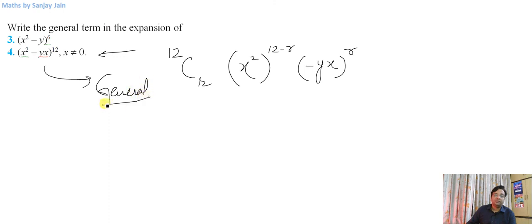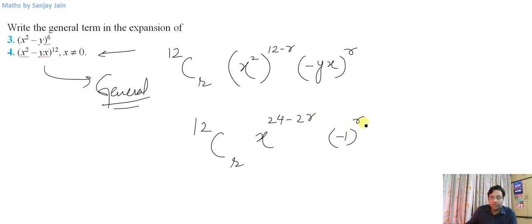Now let us write it in a little more simplified form. Let us at least separate x and y. So 12Cr, this is x raised to power 24 minus 2r. This is minus 1 raised to power r into y raised to power r into x raised to power r. So I'll club this and this one, and I'll write this one outside. So minus 1 raised to power r into 12Cr.